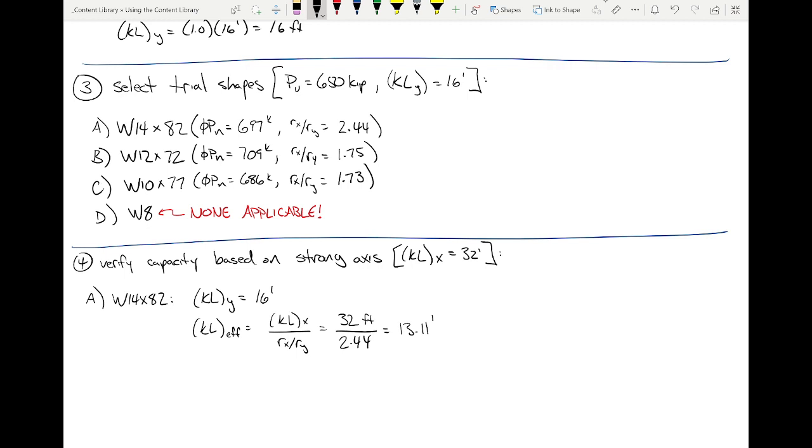Okay? So let's look at a couple things. Let's say I wanted to determine the capacity based on an effective KL of 13.11 feet. Sounds to me like what I would need to do is look up PN at KL is 13 feet and PN at KL is 14 feet. Let's go ahead and look those up.